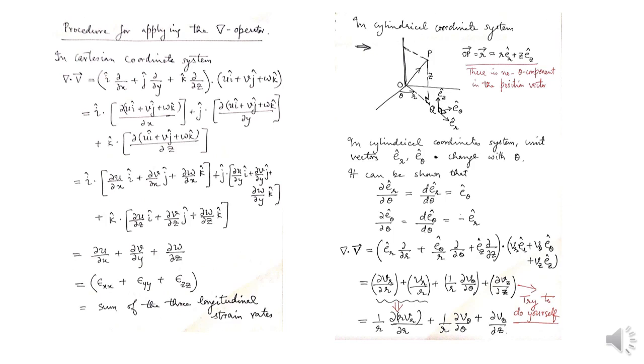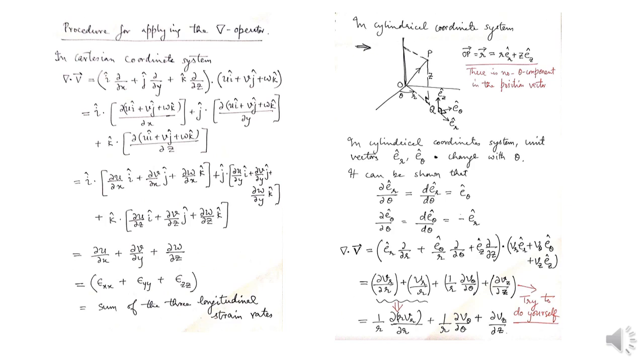When you open out these things, you are requested to do it yourself, so that you make sure you have understood the process of using the del operator and getting the divergence of the velocity field, so that you get the volumetric strain rate. I'm just giving you the final answer that you'll get after applying the del operator on the velocity vector.